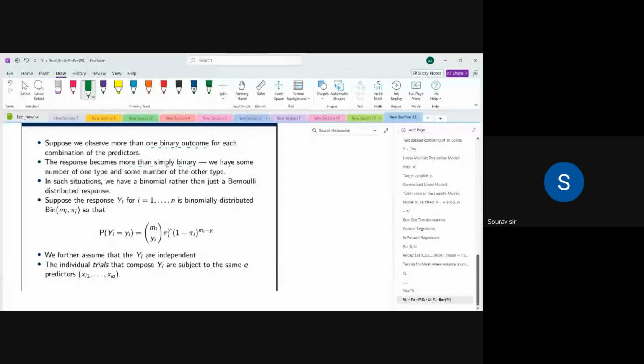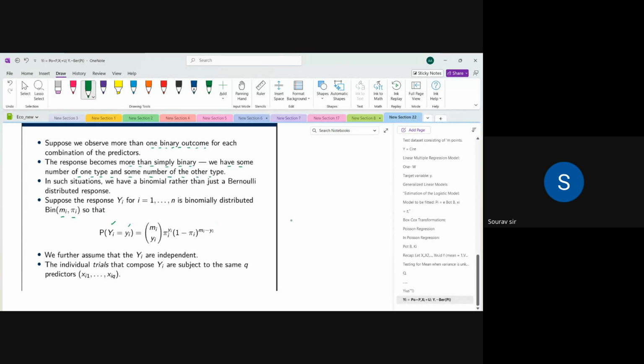That is, we have some number of one type and some number of other type. In such situations, we have a binomial rather than just a Bernoulli distributed response.